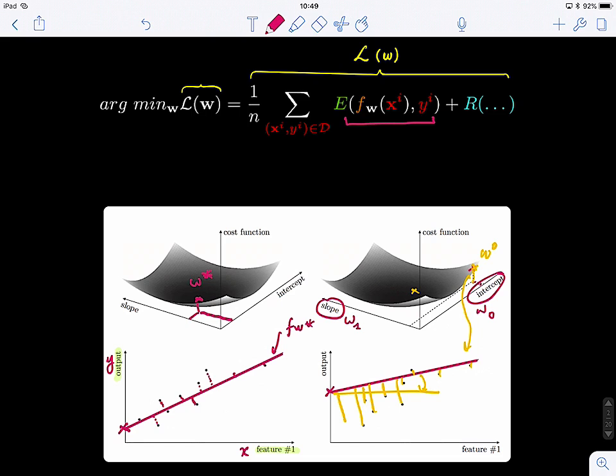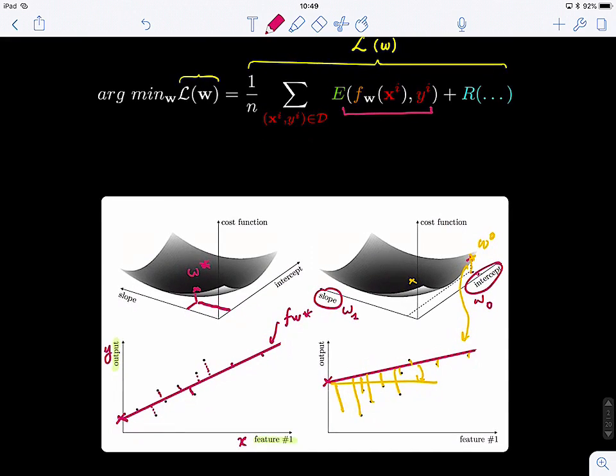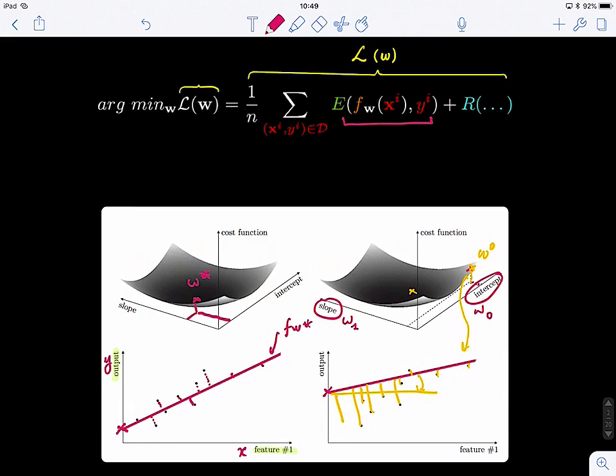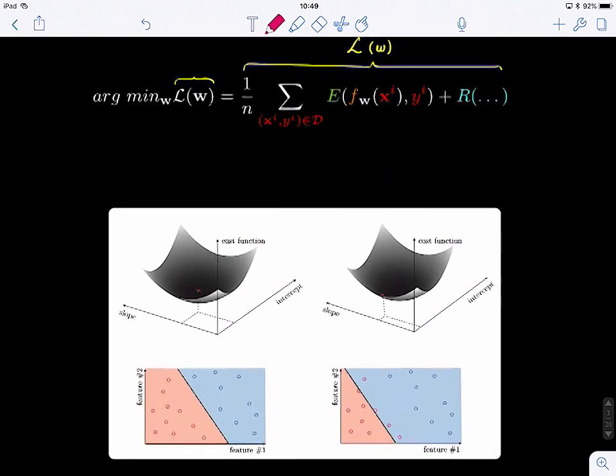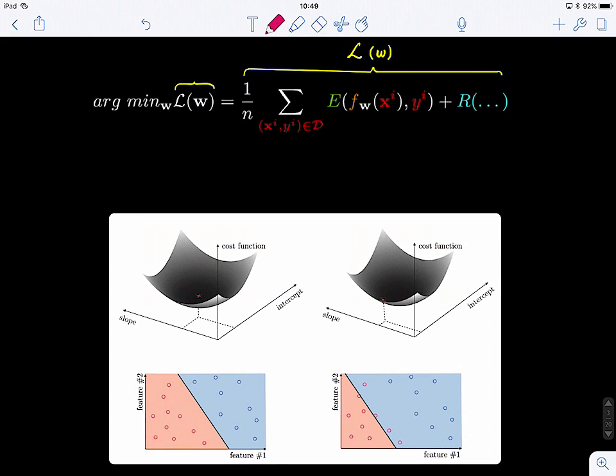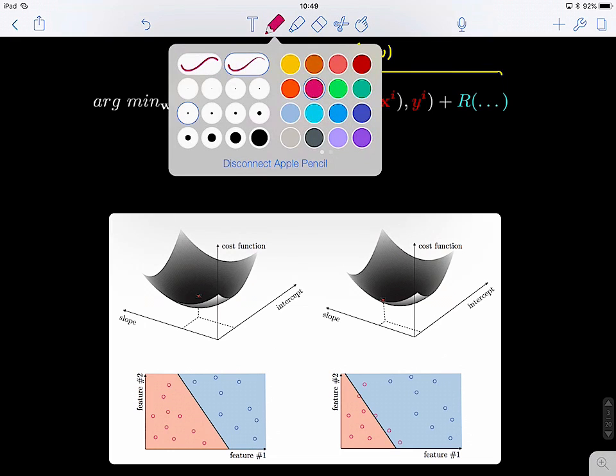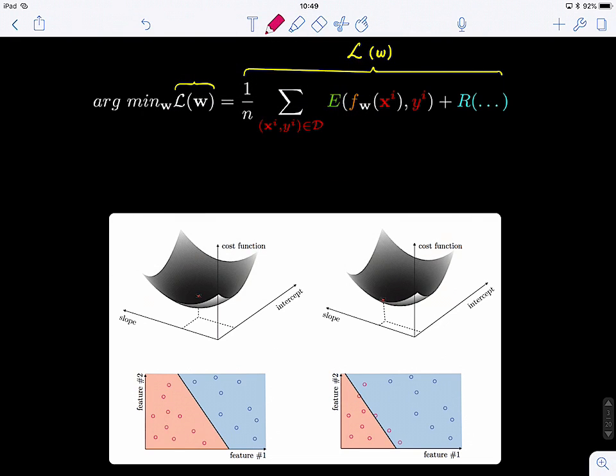Okay, so this is, for example, how we can formalize a machine learning problem: we write it as a loss function that we want to minimize. And let's look at another case, for example, classification. We want to classify the blue dots and the red dots. And in this example, we have two features, feature 1 and feature 2, right?